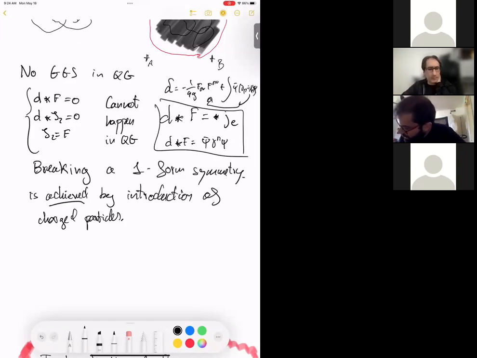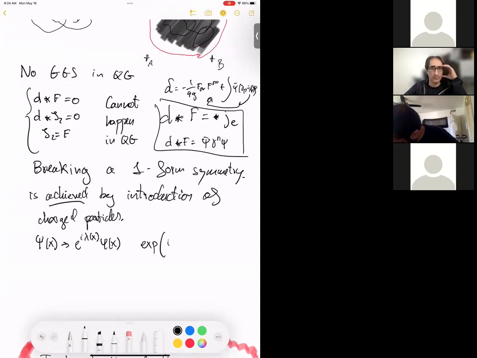Once you introduce electrons, you have a gauge charged operator psi of x, which is not gauge invariant. If you do a gauge transformation, it transforms like this. So it's not a good operator. We are supposed to only look at things which are gauge invariant. So this operator is not good, but there is a very nice way to fix it.